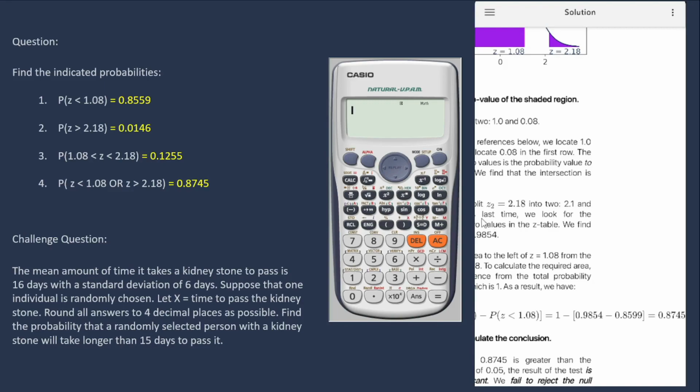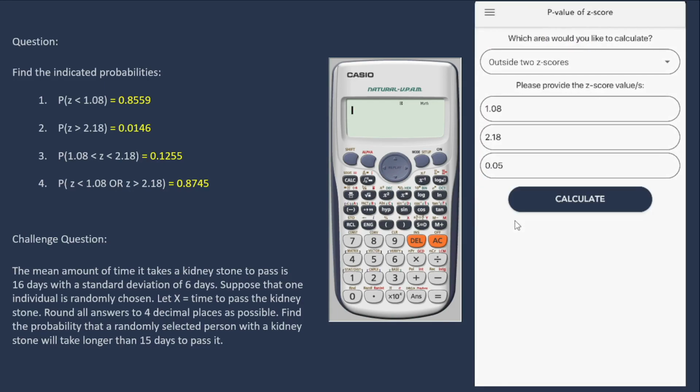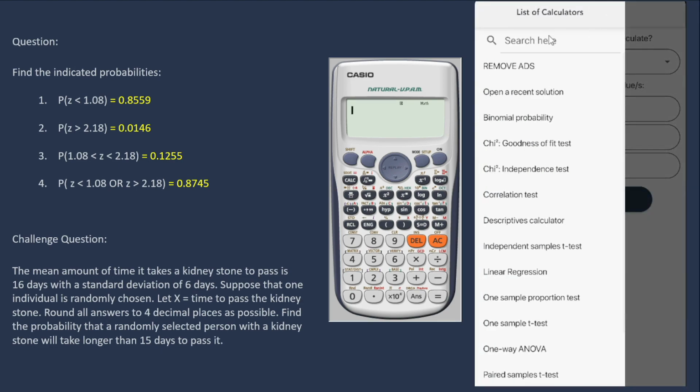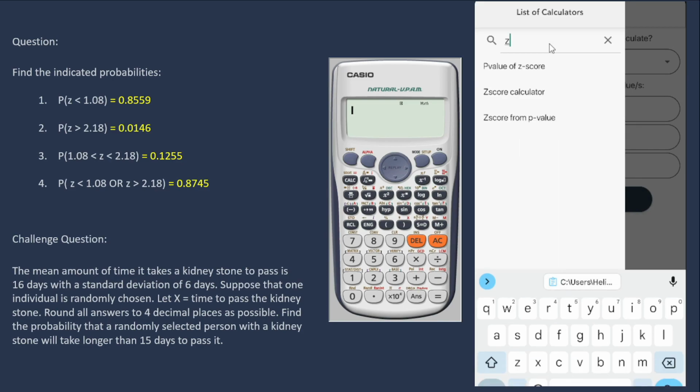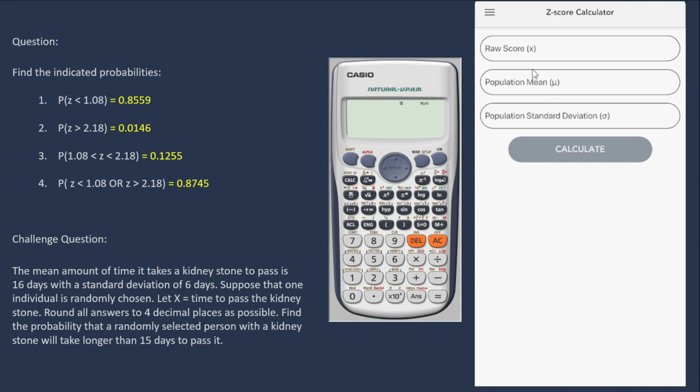Now, to solve this question, we go back, and then instead of directly calculating the p-value, we still need to calculate the equivalent z-score value of the particular patient. So in this case, we go to the z-score calculator, and then we try to input the given values.